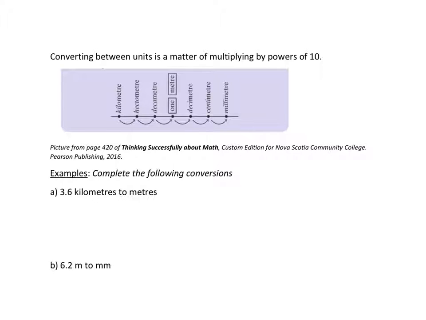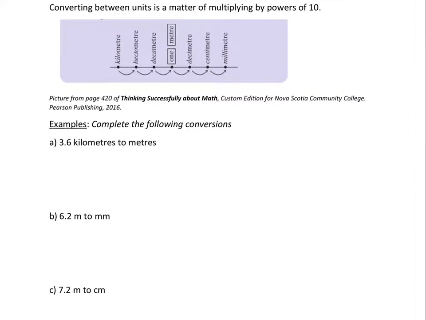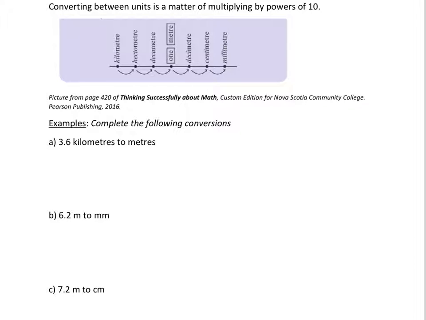So in our first example, we're converting 3.6 kilometers to meters. I believe that kilometers is the correct pronunciation, but I think most people say kilometers, at least in this area. If I'm going from kilometers to meters, I'm moving 3 steps to the right on this chart, which means that we're actually multiplying by 1,000 or moving our decimal place 3 places to the right. That's what makes metric conversion so easy.